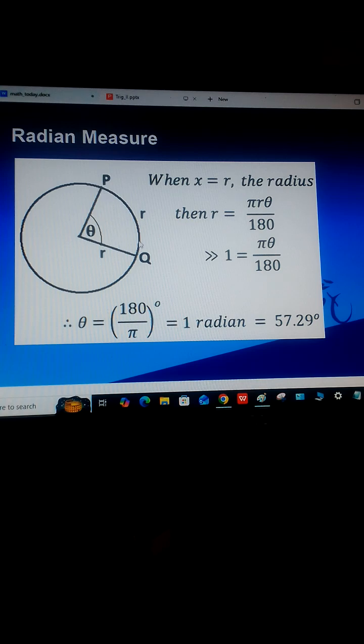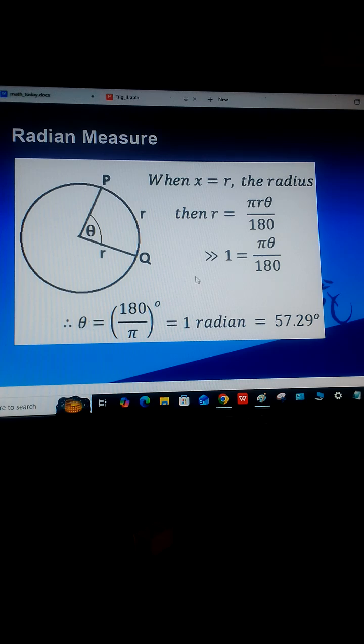So if this r is, let's say, 10 centimeters, and the angle is 57.29 degrees, then the arc length will also be 10 centimeters. So that is the value of theta, which is equal to 1 radian.